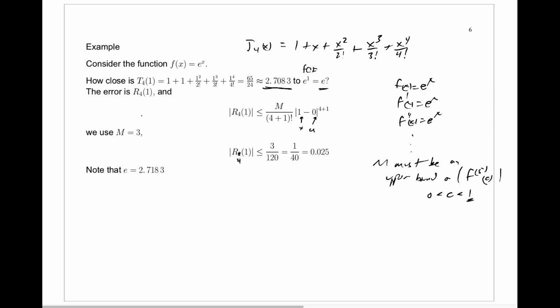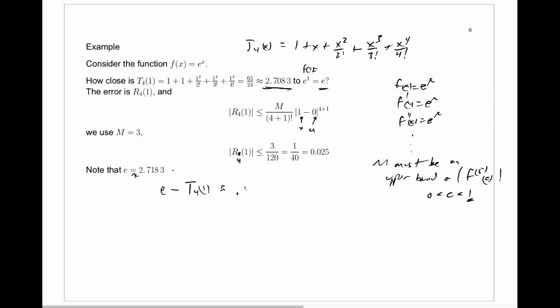Now, if you use a calculator, you'll see that the actual value of e is approximately 2.7183. And here you see that the computed value T4 of 1, from our 4th degree Taylor polynomial estimate, was 2.7083. So e minus T4 of 1 was actually approximately this minus this.